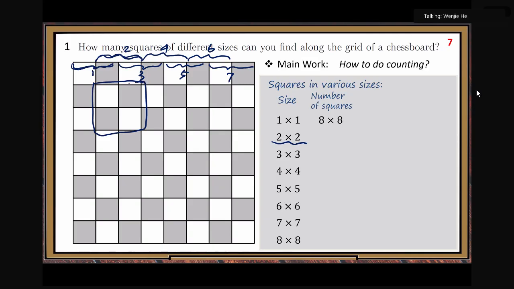It's legal. So that's why we can do it this way. 7, right? Then, when we move to the vertical sides, how many length 2 vertical sides?